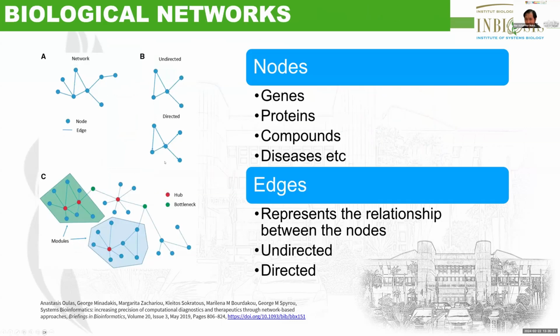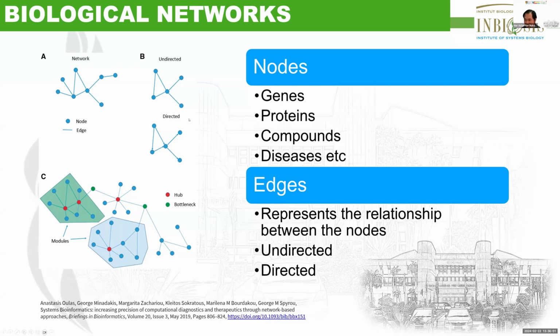So in order to do systems bioinformatics, basically we need to do networks. And this is just a simplification of what a network is in biology terms. On figure A there, that's the simplest version of a network. You have all the nodes, which are all the circles, and we have the edge, which is a relationship.